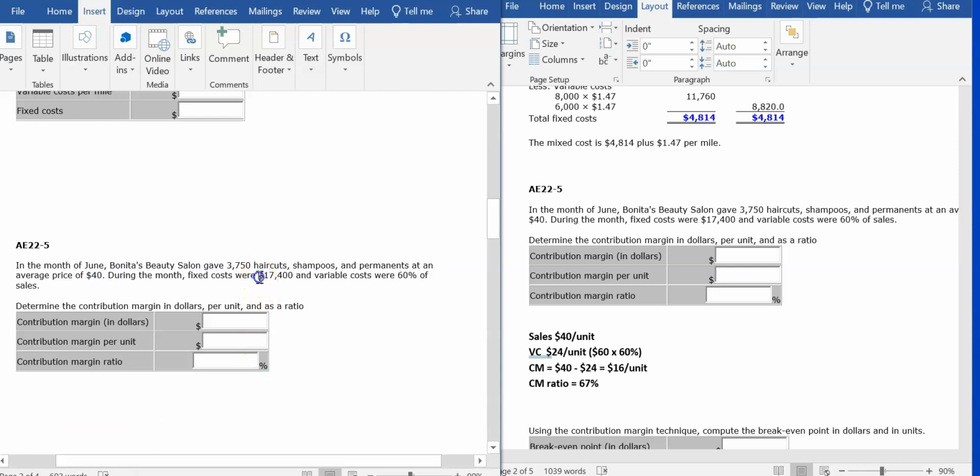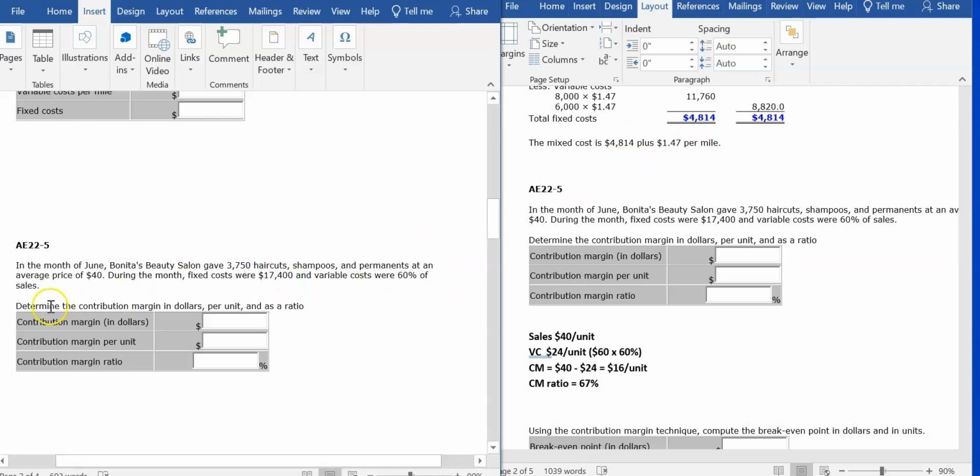During that month, fixed costs were $17,400, variable costs were 60% of sales. Okay. They would not have been able to break all of their costs into fixed and variable if they weren't able to break out their mixed cost. Okay, and that's what that high-low method did for us.